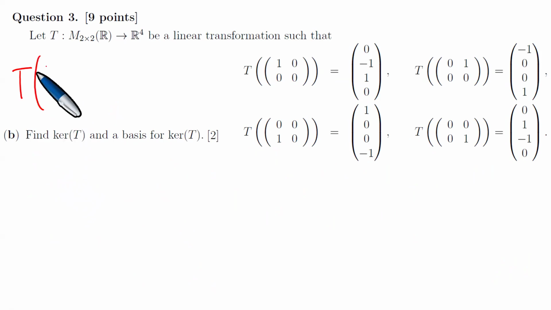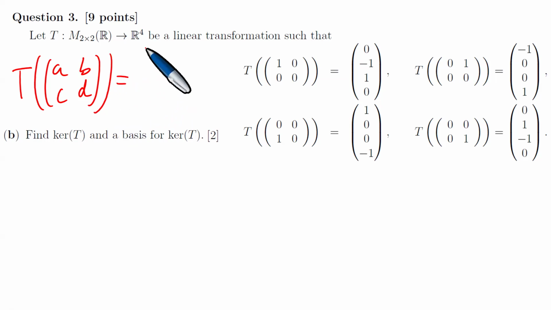We recall that the image of the 2 by 2 matrix A, B, C, D is given by what? What is this image?